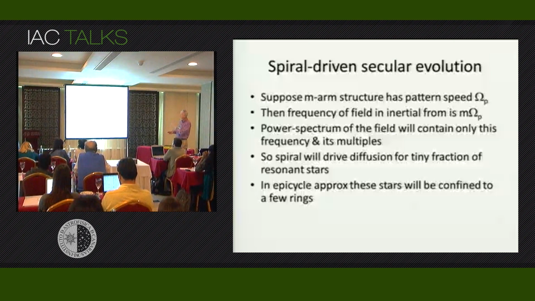So only stars which have a natural frequency equal to m omega p are going to be excited by this, are going to be allowed to diffuse as a result of this spiral structure. So a periodic spiral structure will drive diffusion, but only by a tiny fraction of stars, those stars which happen to have a frequency that coincides with this particular driving frequency.